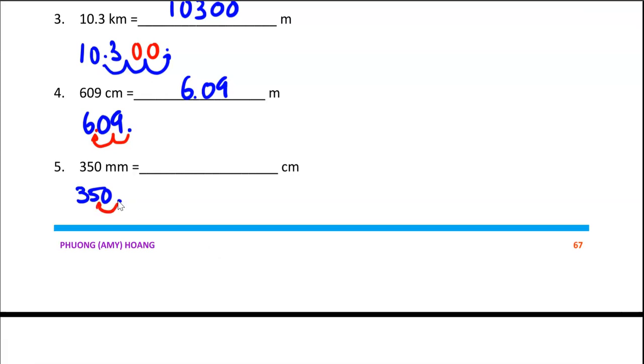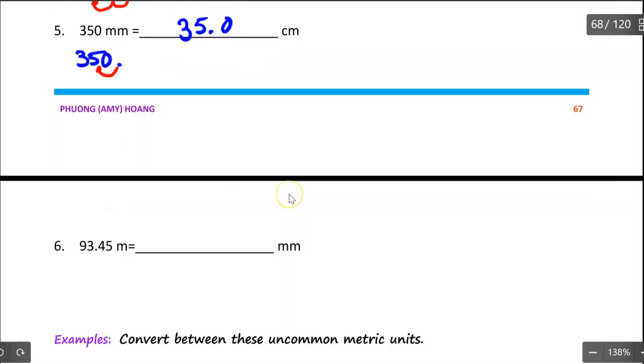So now I should have 35.0. And you know that 35.0 is the same as 35. Okay? However, I want to leave the 0 in here to show you that I'm moving 1 decimal place to the left of this number.